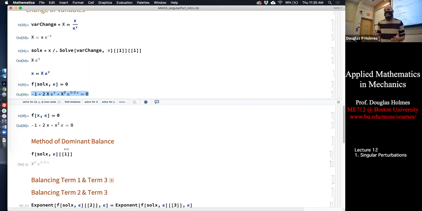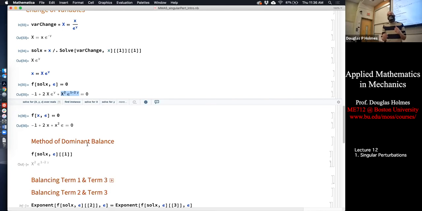Our goal with this variable change is to make sure that as epsilon gets really small, this term that has the x squared term remains large and doesn't disappear.